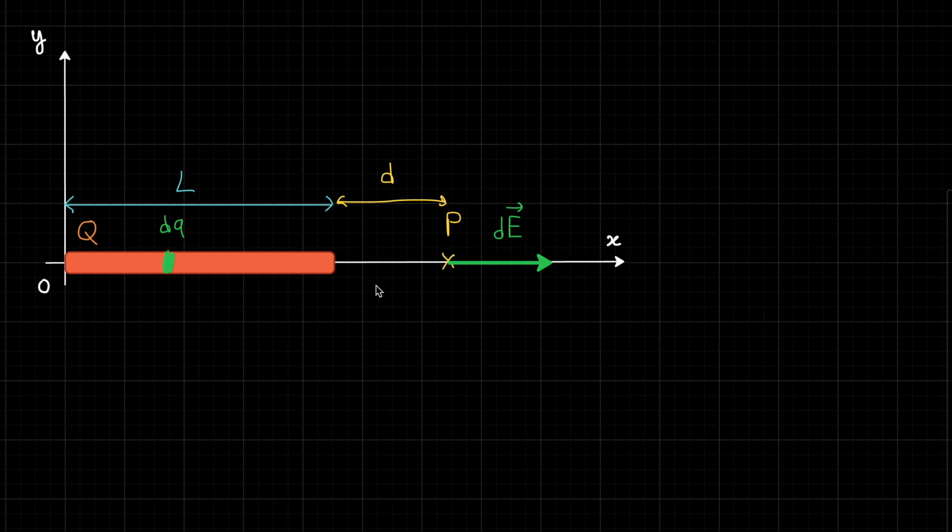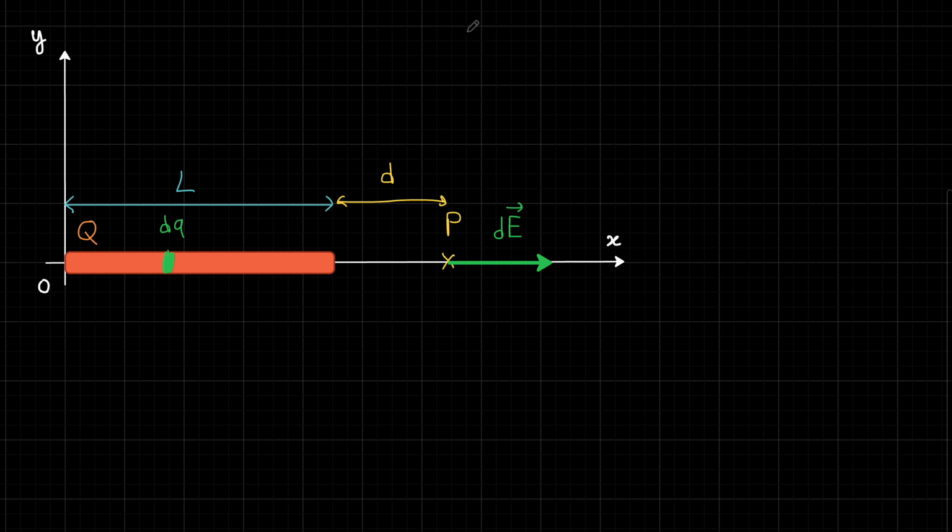And what does that mean? That means we're going to take an integral basically. So how should we do this? Because these are vectors, right? You don't add vectors easily in general, but in this case it's going to be actually easy because all the vector dE's will be in the positive x direction. So all of those electric field vectors will be horizontal. They only have an x component and they will point in the positive x direction.